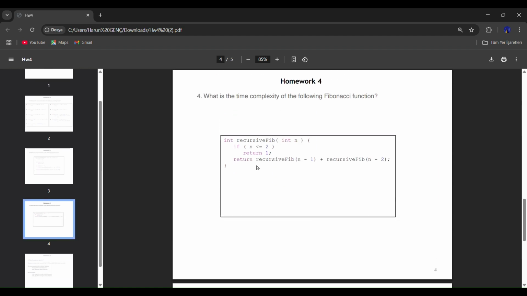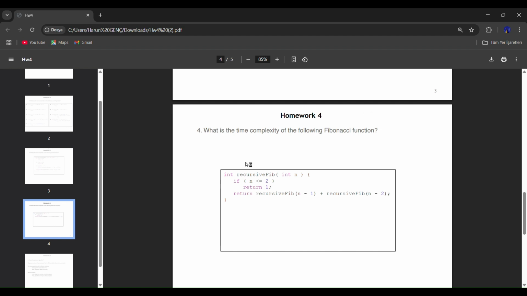Okay. What is the time complexity of the following Fibonacci function? The Fibonacci function calculates the Fibonacci number using recursion.